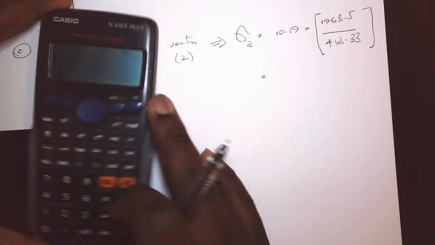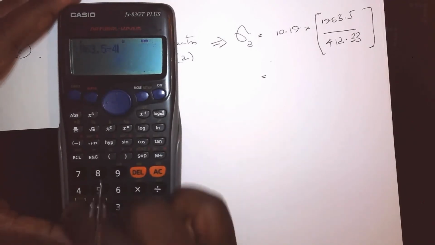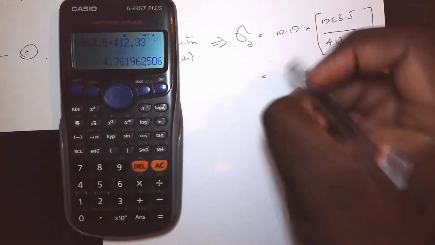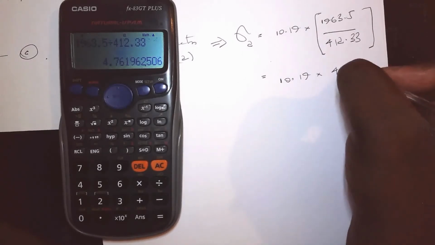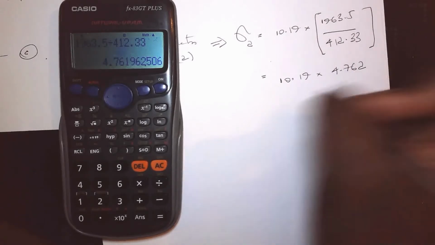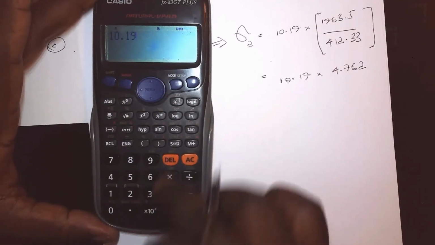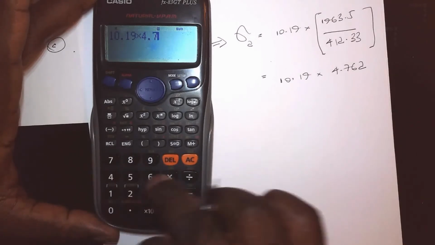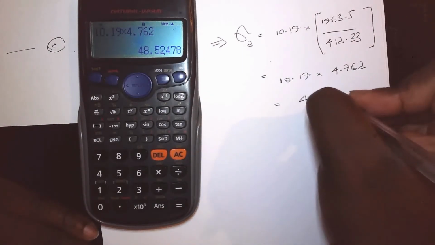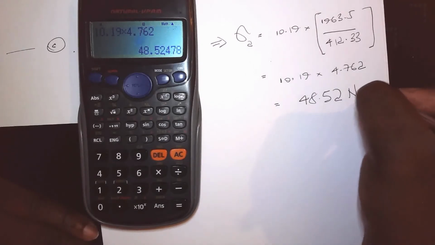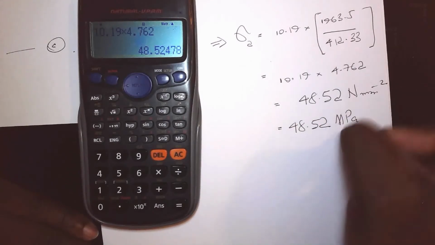So if you do the computation, what do we have? 1963.5 divided by 412.33 will give 4.762. 10.19 times 4.762 would give about 48.52 Newton per millimeter squared, which is the same as 48.52 MPa.